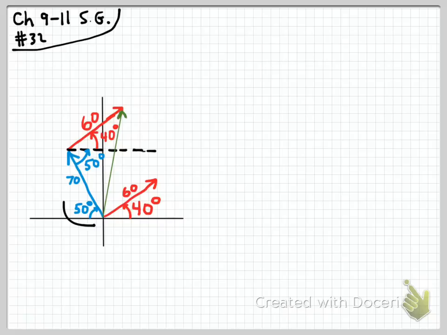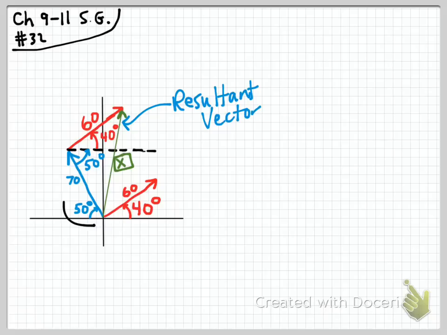Alright, so the green vector there represents our situation, meaning that this is our resultant vector. It's the result of these two forces acting upon the same object.